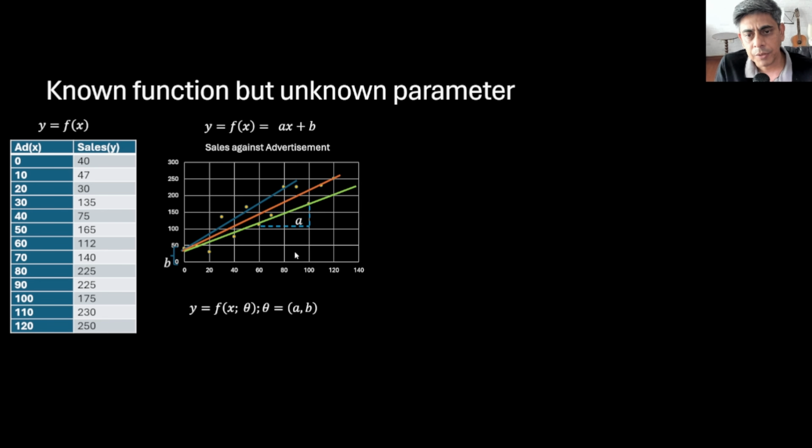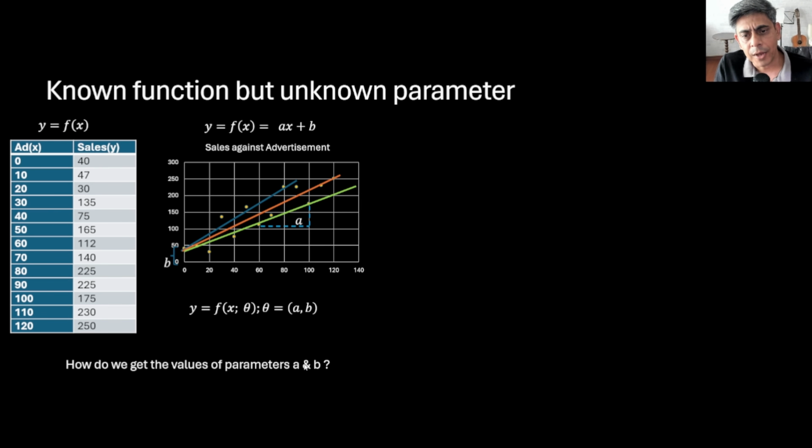So somehow if we are able to identify the a and b, which is the parameter of the model theta, then y is equal to f(x) parameterized by theta. So if we are somehow able to identify or get to know the theta, then the function is known to us. Therefore we will be able to predict new data points or even analyze the causes, what intercept, what coefficient is playing what major role, etc.